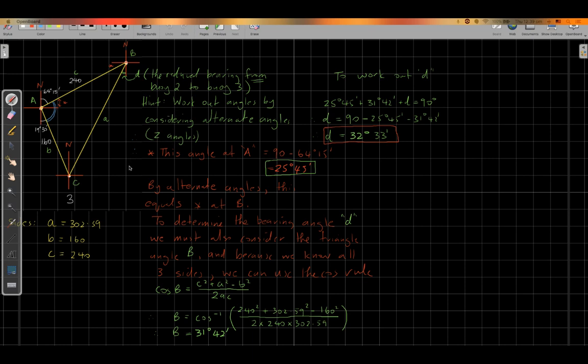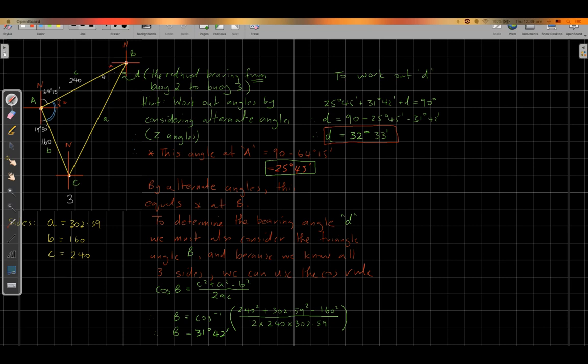So let's see. I know this angle here, so a Z angle might be there, there, and there, which is that angle there. So that's one I could consider, okay? Another Z angle could be there, along there, and along there. That's another Z angle. Because I'm interested in Z angles that relate to this angle here that I'm trying to find.